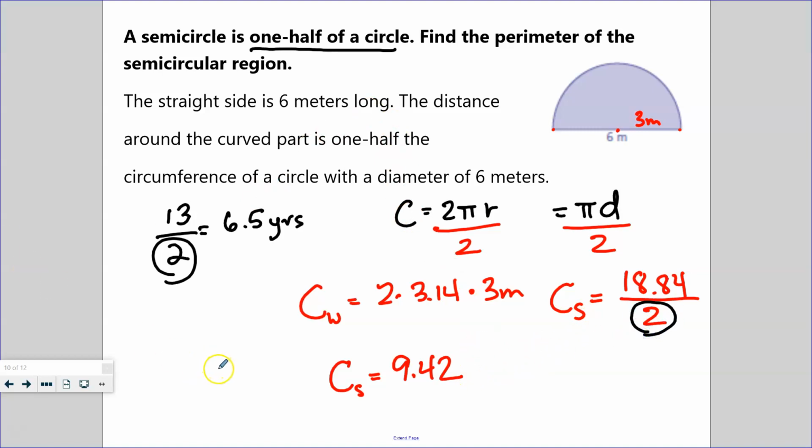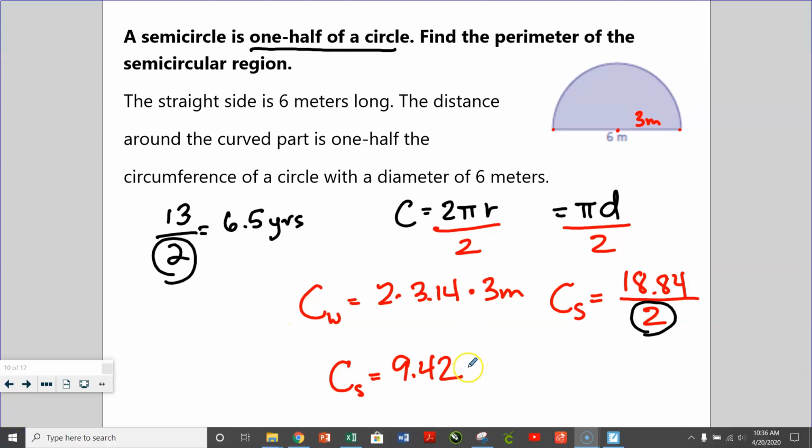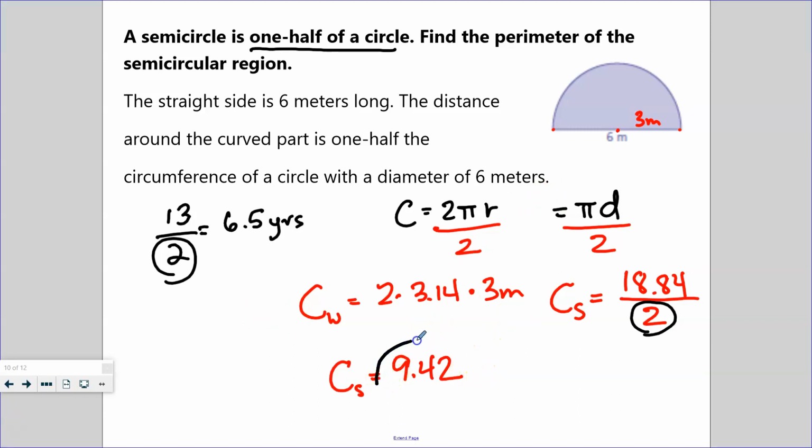All right, so did we answer the question? Find the perimeter of the semicircle. We did. And so just thinking one more step here. This encompasses this piece, from here to here, 9.42 meters.